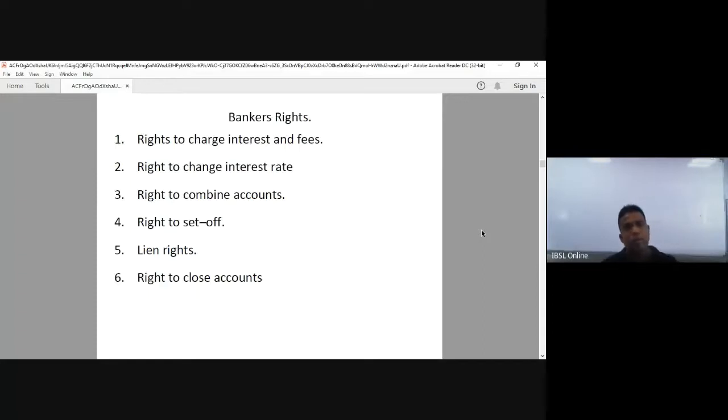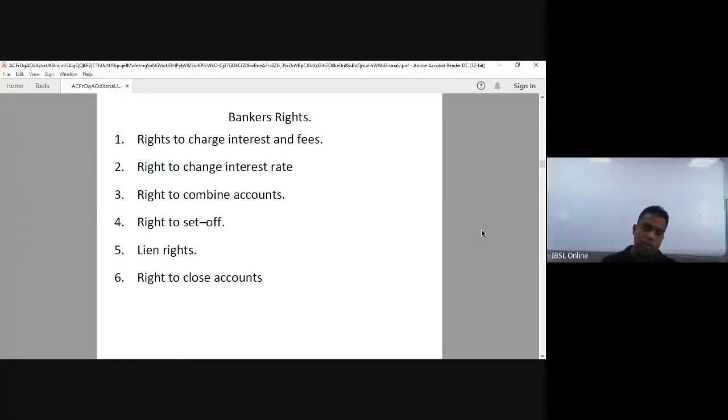Now, depending on the economic situation of the country and the market condition, the lending interest rate changes. We say the bank has granted the overdraft facility today.